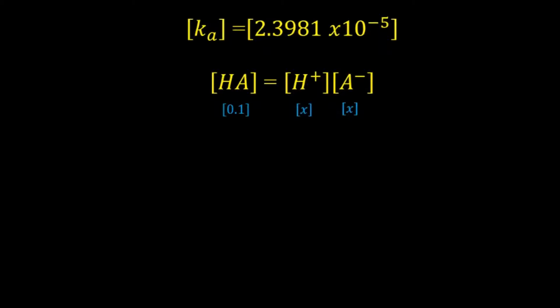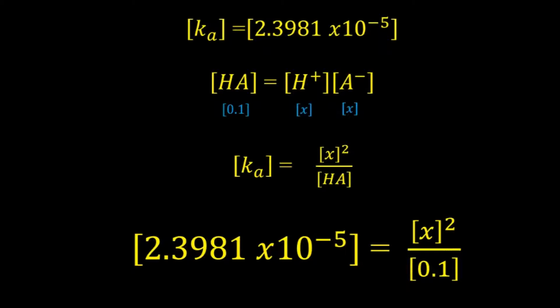So there is the expression for the HA. You have HA is 0.1, and then correspondingly you have the H plus and the A minus, correct? And as a result of that, you're going to be able to set up the dissociation constant expression, which is given as Ka equals x squared over HA.